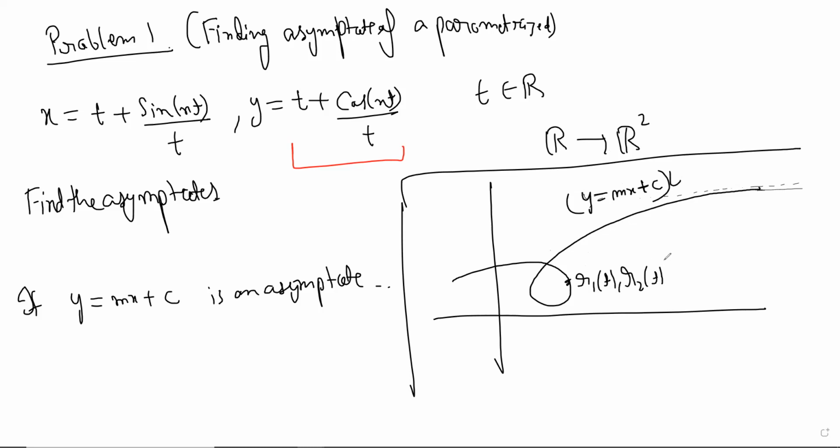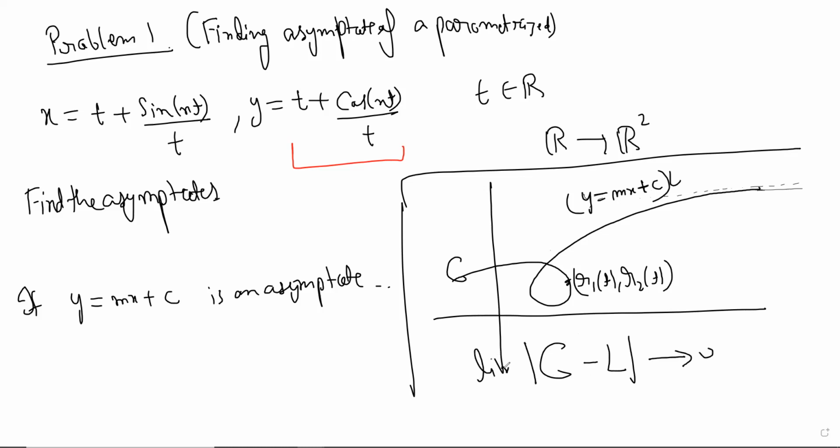So this is the general point on the curve. Then what we want to say is that the distance from this curve to the line goes to 0. That's what we want to say, right? Let's call this curve C. Then the distance from this curve to the line goes to 0.